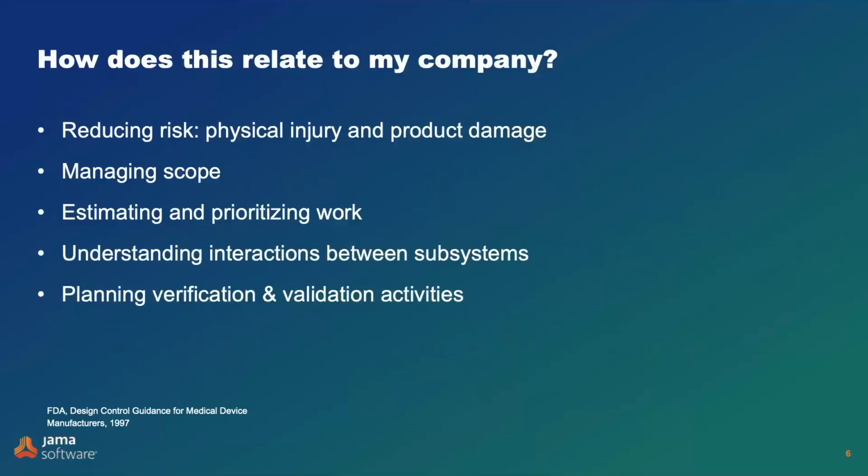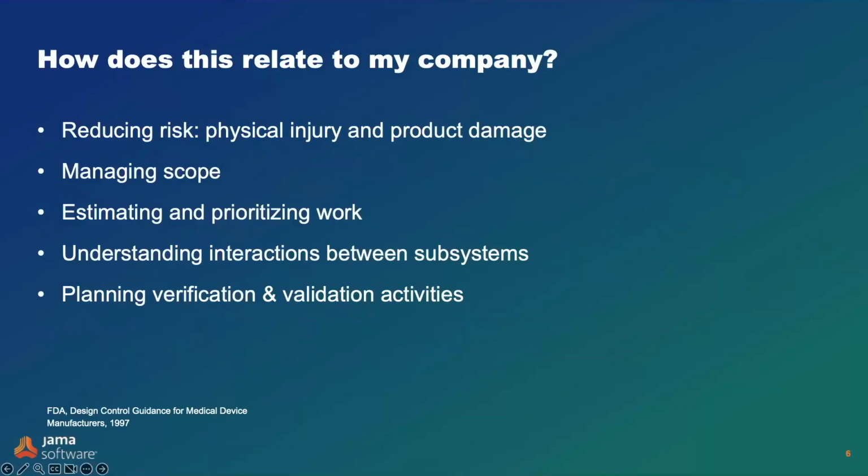So, what are our reasons for defining requirements, especially that would apply to your team? As we just saw, properly defined and managed requirements are the key to safety, and as such reduce risk both of physical injuries and product damage. Additionally, properly managing requirements helps teams answer questions like, are we working on the right thing? And what should we work on next?